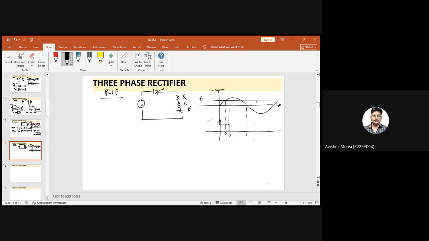What will happen? It will conduct up to, suppose, beta. Okay. Fine. So this is under single phase. Okay.